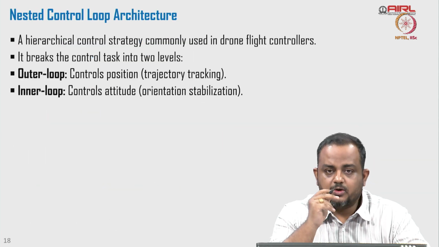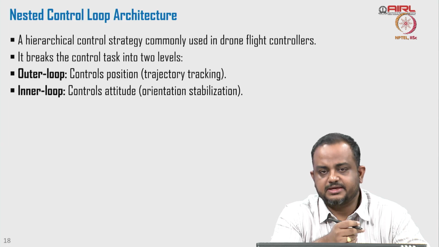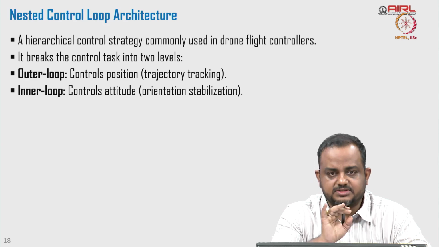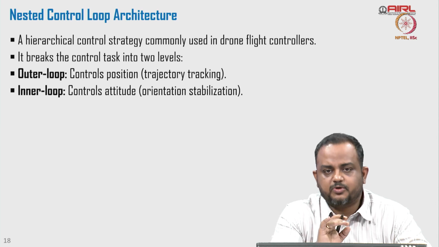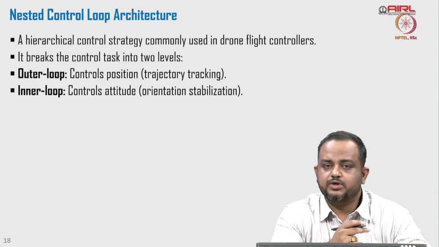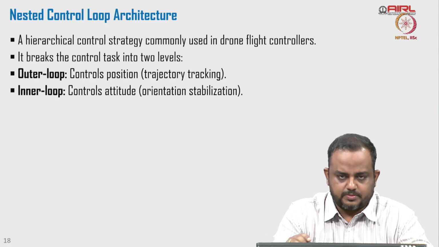Fine. Now, another important concept of PID control for trajectory tracking and drone operation will come here, that is called nested control loop architecture. What is that? At this point, we have seen that from open loop control, if we go to closed loop control, then there will be one feedback loop, right?